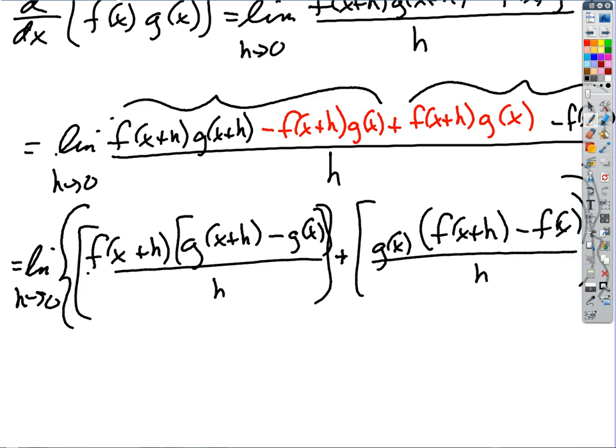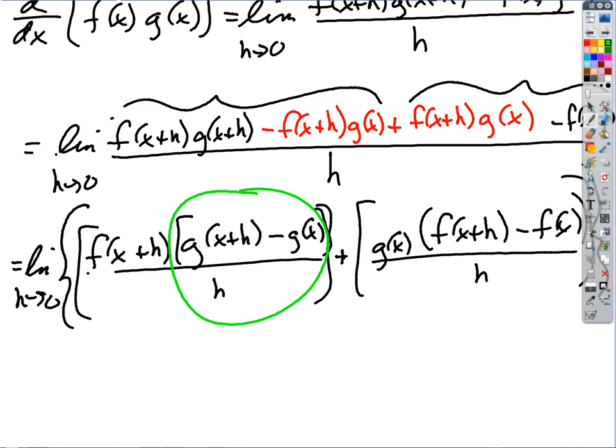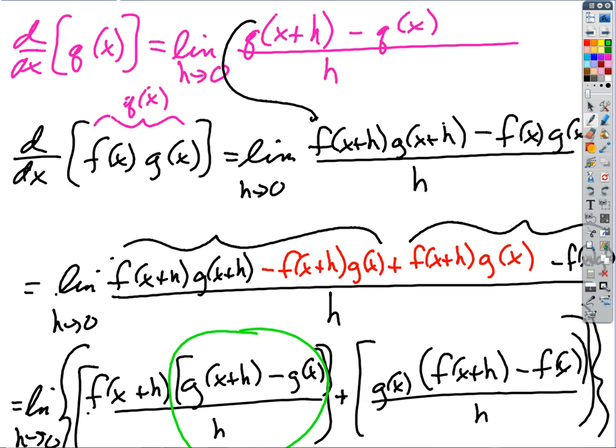What about this? What's that? Well, what's the limit of g of x plus h minus g of x over h? Which goes to 0. That look familiar? It's an awful lot like that, isn't it?